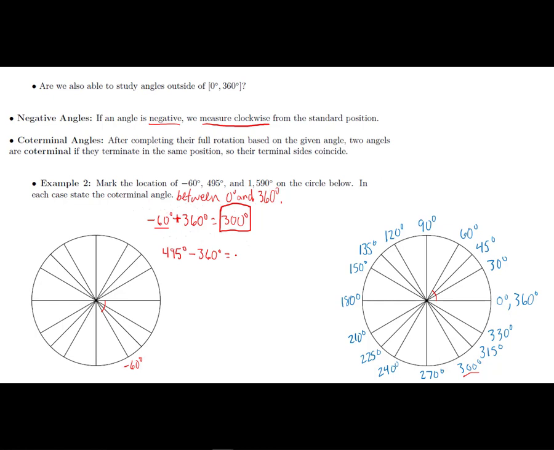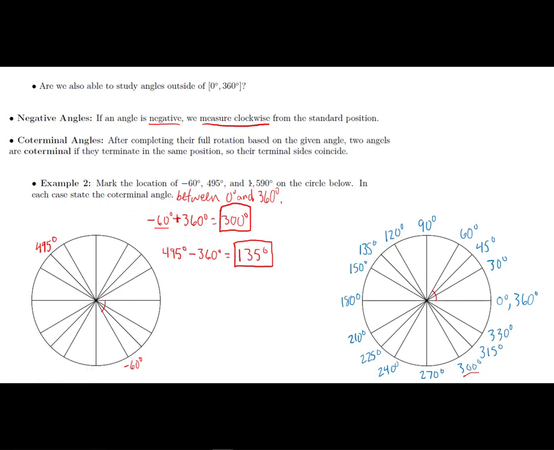Okay, so I have what, 135 degrees is coterminal with 495 degrees. But then if I've got it memorized that 135 is over here on the circle, then I know that 495 degrees should show up right over there.